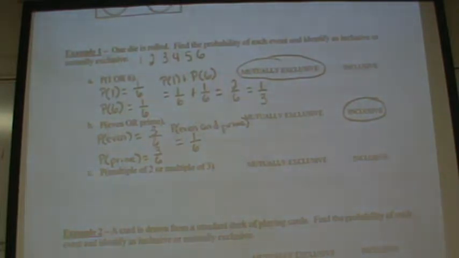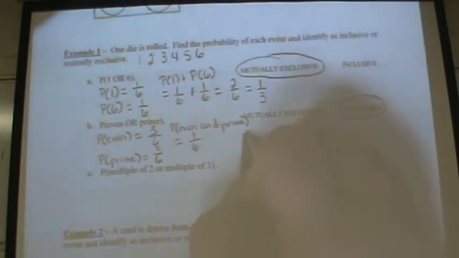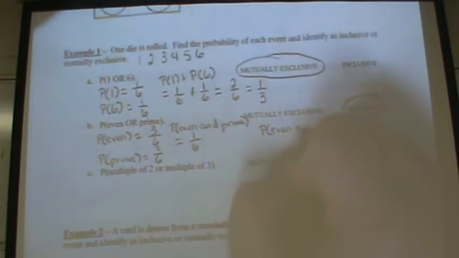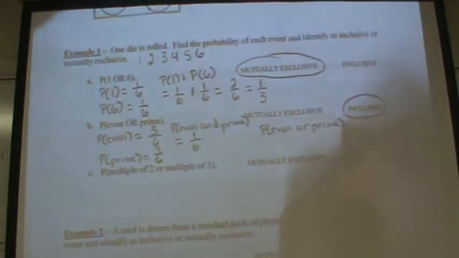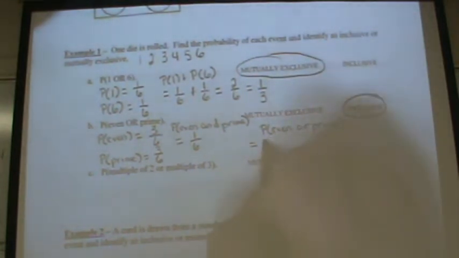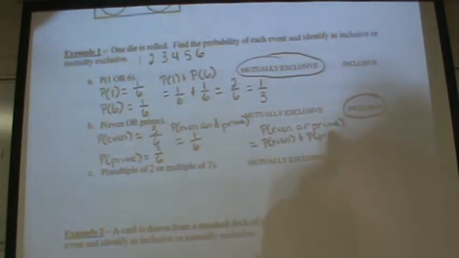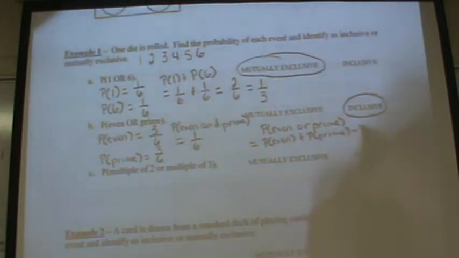So now to find the probability of even or prime, we're going to take the probability of even plus the probability of prime, and then we're going to subtract the probability of even and prime.